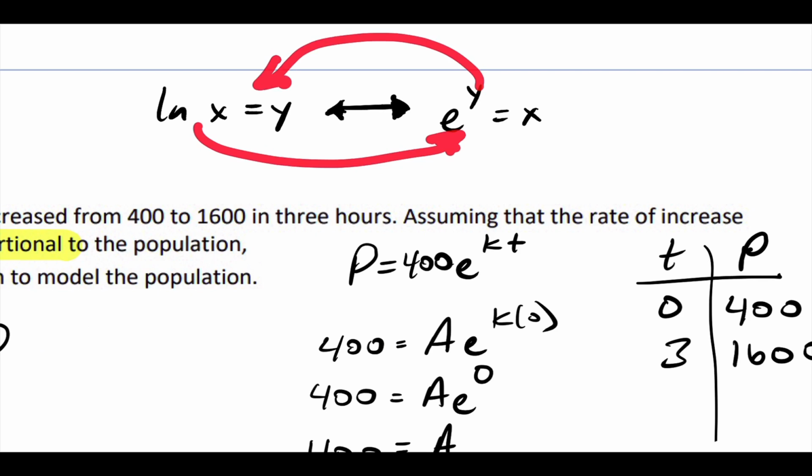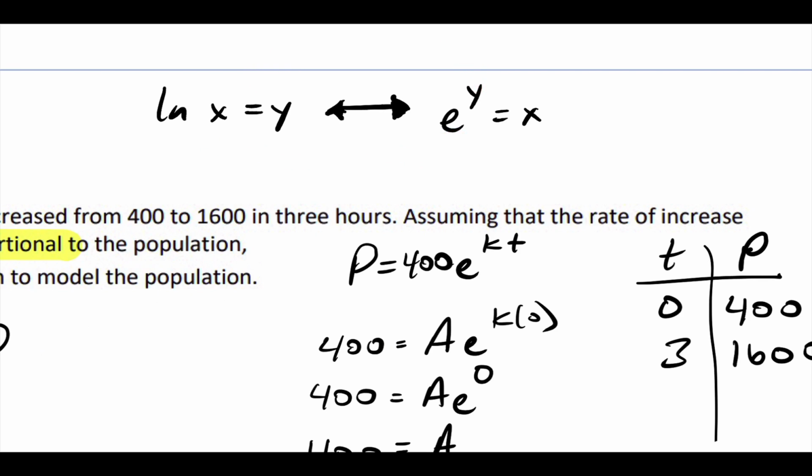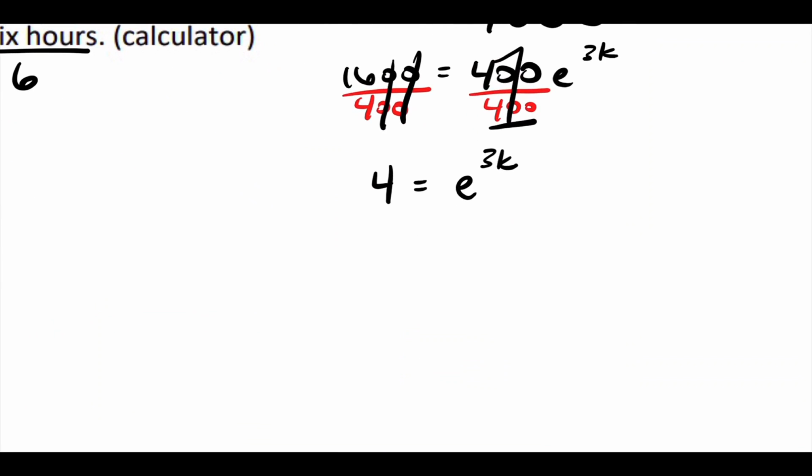But now we need to go the opposite way. So what would that look like? Natural log of 4 equals 3k.